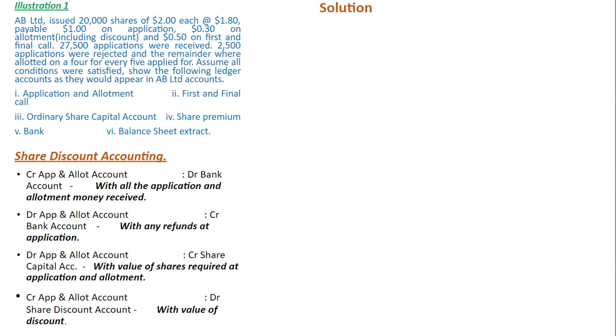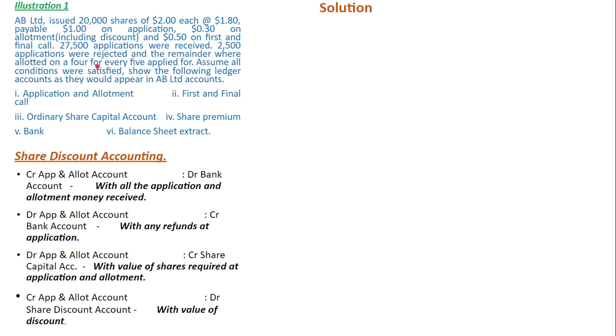We are told 27,500 applications were received. That means there was an oversubscription of 7,500. Of the 7,500, 2,500 applications were rejected. That means we remained with the 25,000 applications. The remainder was allotted on a 4 for every 5 applied for. Like we said in the previous lesson, if we say 4 divided by 5, multiply by the remaining applications, 25,000, we will get the 20,000 shares that were issued.